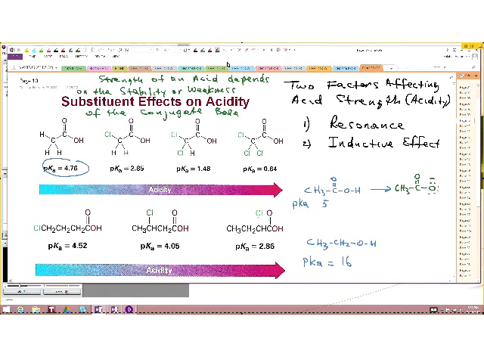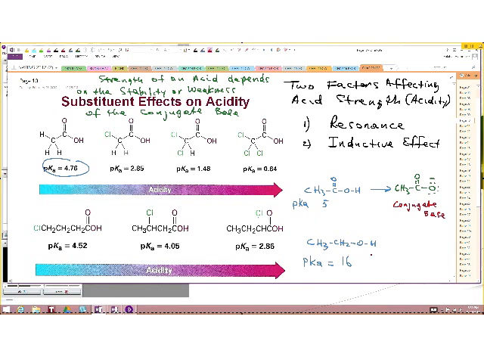This is the conjugate base of acetic acid. So, conversely, relative to this conjugate base, we will say acetic acid is the conjugate acid of this base.